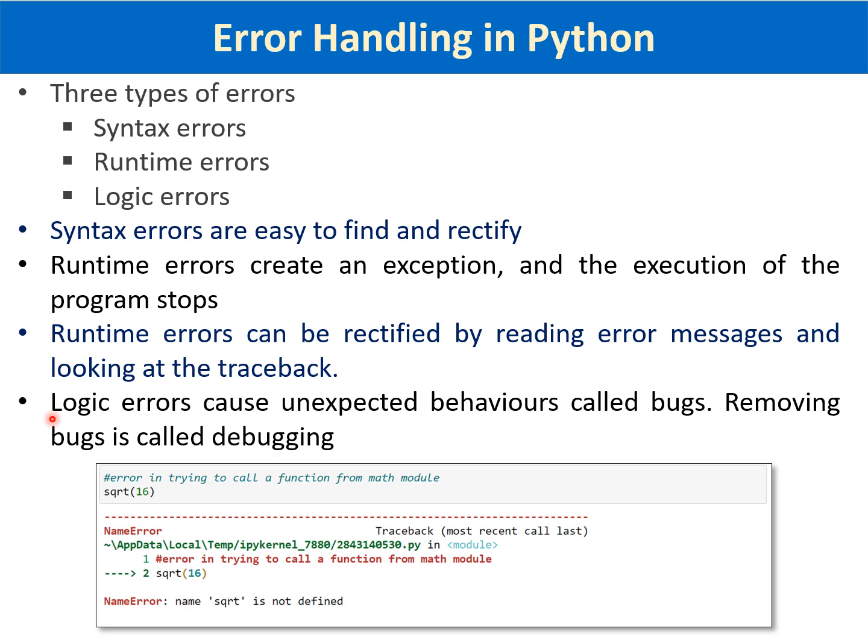That is because of some logic error that you have committed inside the code, like missing of some parenthesis or change in order of expressions, some logical error which will be hard to find. These unexpected behaviors are called bugs, and removing the bugs is known as debugging.